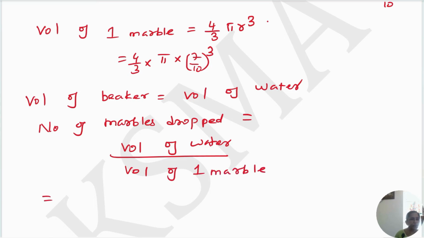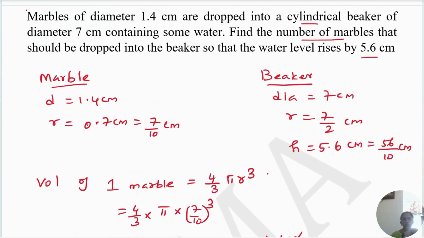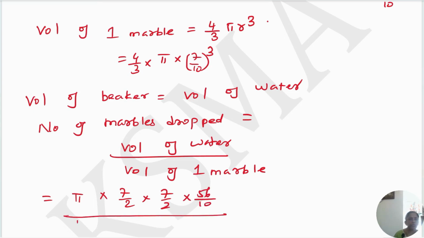So volume of water is pi into 7 by 2 into 7 by 2 into 56 by 10, where radius is 7 by 2 and height is 56 by 10, divided by volume of one marble, 4 by 3 into pi into 7 by 10 three times.